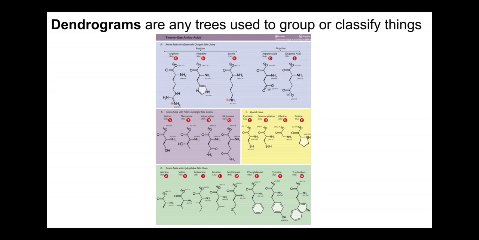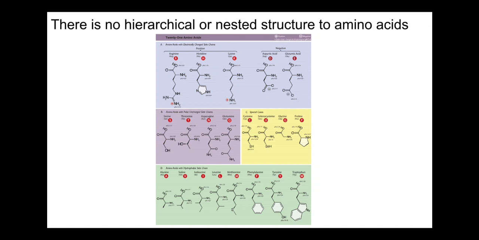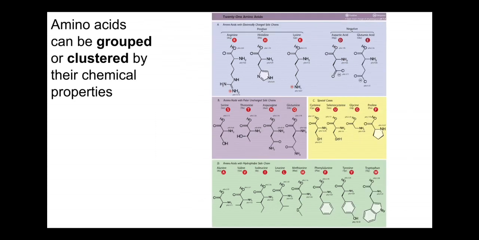And you can put anything on a dendrogram, and you can group or classify anything. So the key thing with dendrograms is there's no hierarchical structure, there's no nested structure. They're just for organizing information about similarities and differences. So we could group amino acids onto a tree if we wanted to.